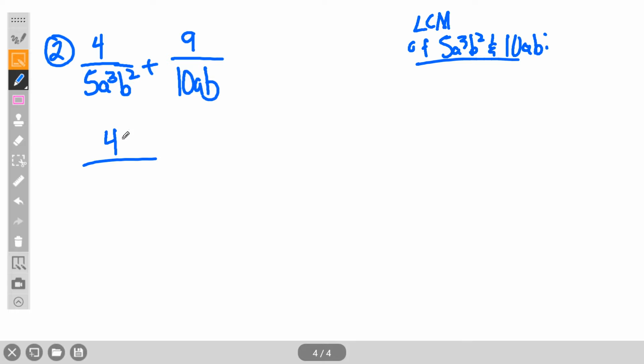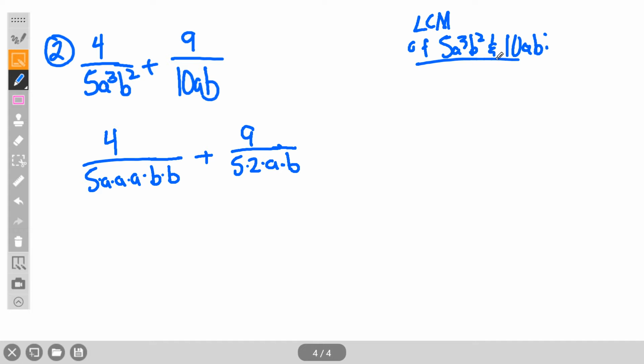So 5a cubed b squared factors into 5, a cubed, which is a times a times a, and b squared, b times b. For the second one, 10ab, 10 factors into 5 times 2, and ab factors into a times b.